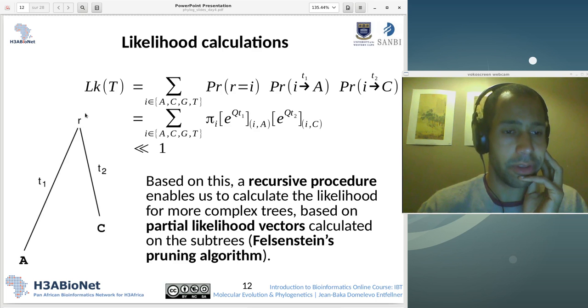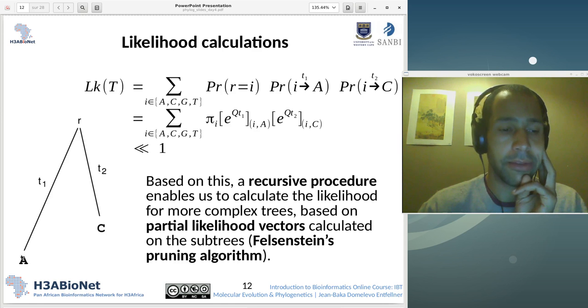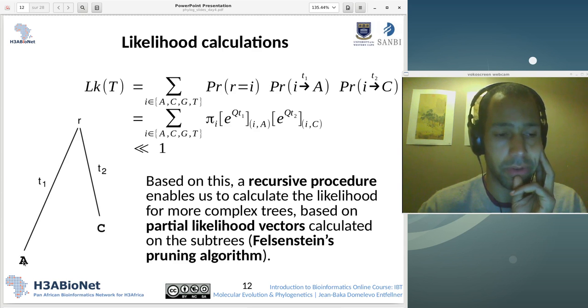So T is branch lengths plus topology, of course this topology is very simple, and an implicit substitution model Q. And what we see on the leaves, the data D, is this aligned site A and C.